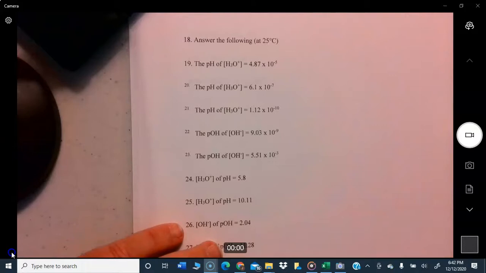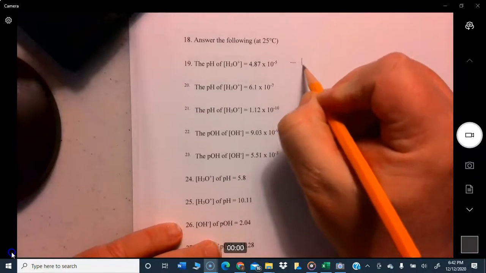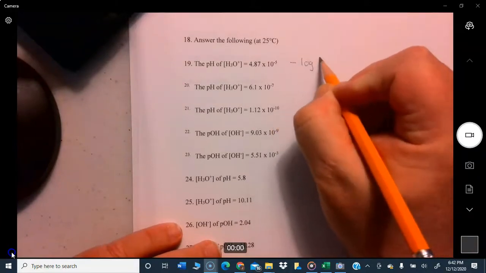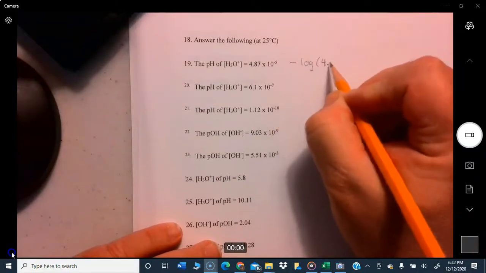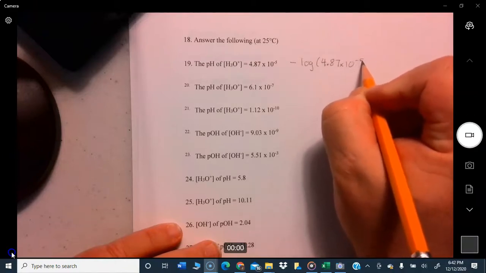So the pH of a hydronium concentration of 4.87 times 10 to the negative fifth. The answer is simply going to be the negative log of that concentration.